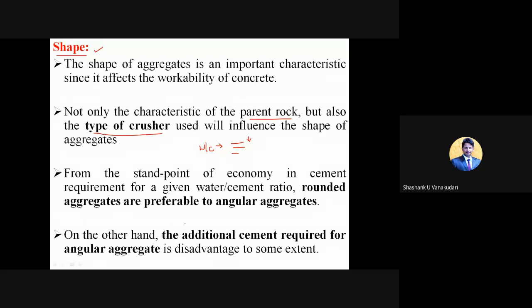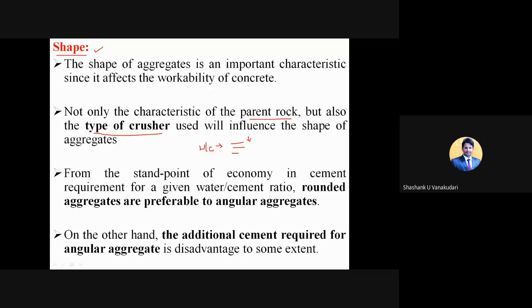On the other hand, you can see the additional cement that is required for angular aggregate, which is a disadvantage to some extent. Angular aggregates basically require more workability, so they require more water as well as more cement. In some cases, when you have used only angular aggregates, you might use cement as well as water in the proper proportions, but you won't get proper strength between those angular aggregates.